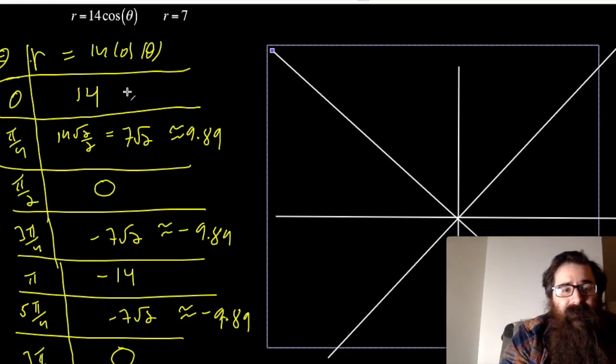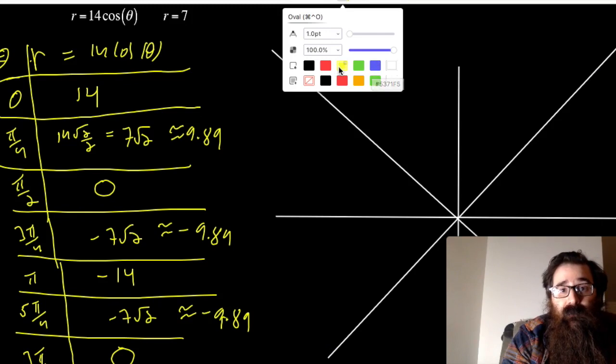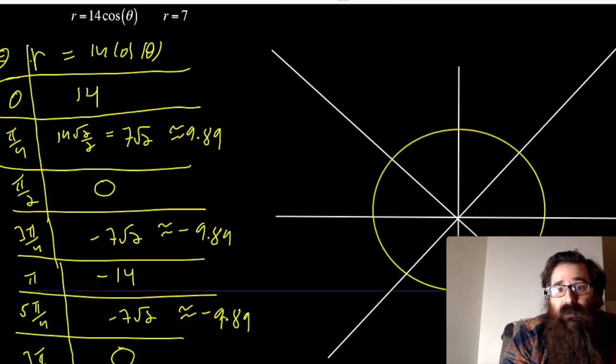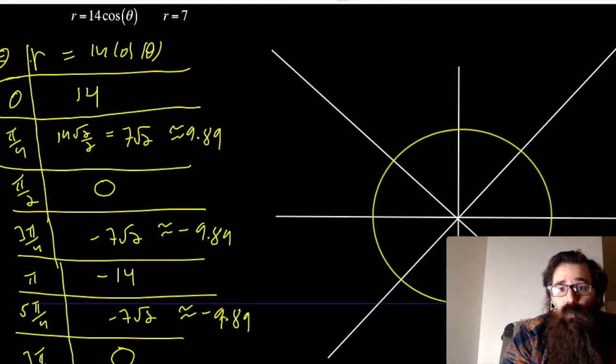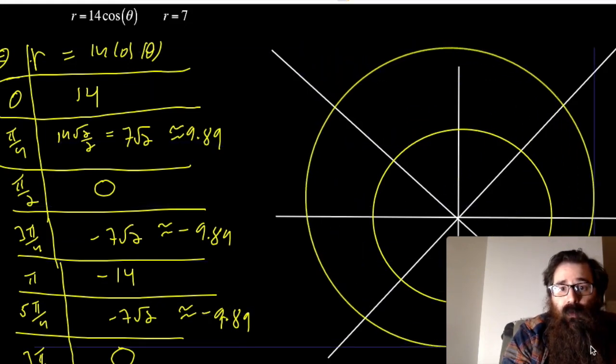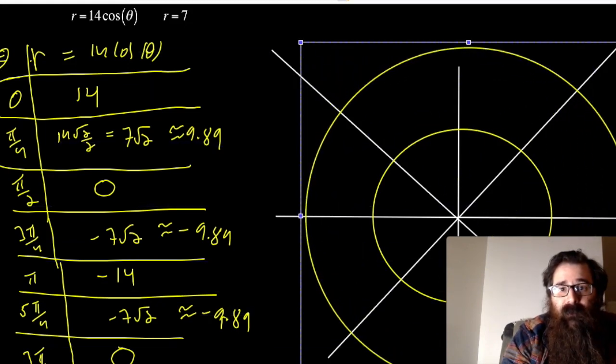Now with this, I see r goes all the way up to 14. I could do 14 concentric circles. Instead though, that seems crazy, like a lot of work for me, I'm just going to do 2 concentric circles. We'll do one of radius 7, and then we'll do another one of radius 14. And I think that that should give us a good enough idea as to what's going on here.